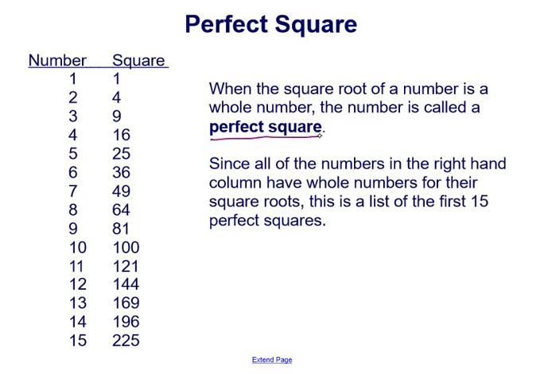So since all of the numbers in the right-hand column have whole numbers for their square roots, this is a list of the first 15 perfect squares. 1, 4, 9, 16, 25, 36, 49, 64, 81, 100, 121, 144, 169, 196, 225. Those are all perfect squares.